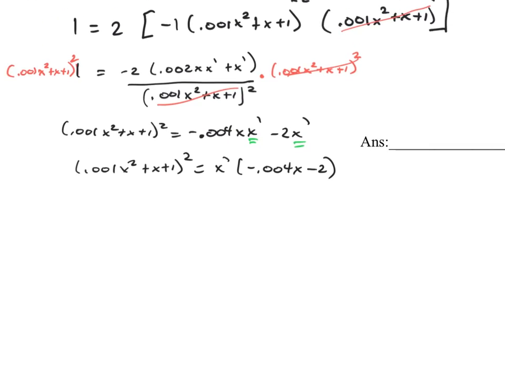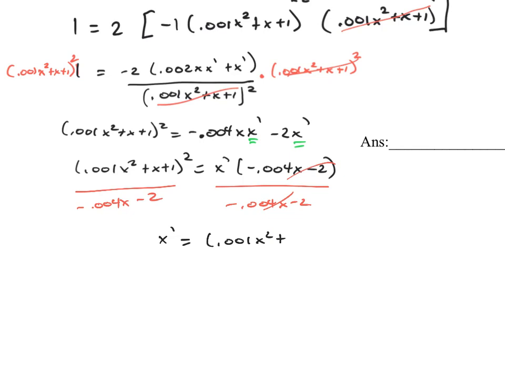Divide both sides by that mess, the negative 0.004x minus 2. And I'm left with x prime equals 0.001x squared plus x plus 1 quantity squared all over negative 0.004x minus 2.